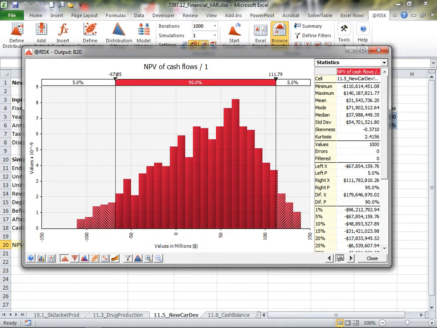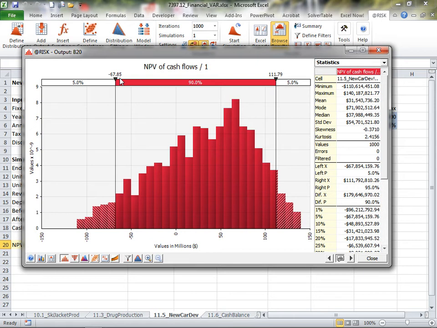Well, at 5%, your loss is roughly, and these values are in millions, so your loss is roughly $68 million. In other words, your value at risk is $68 million. You could lose as much as $68 million on this project if everything went south.